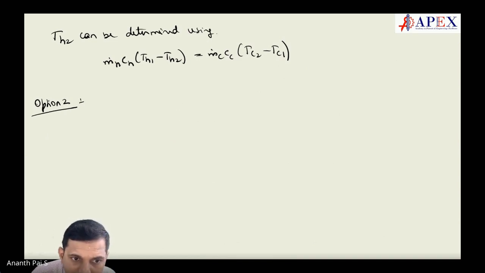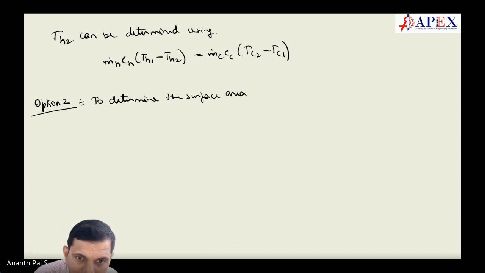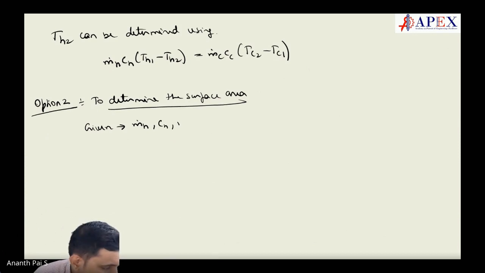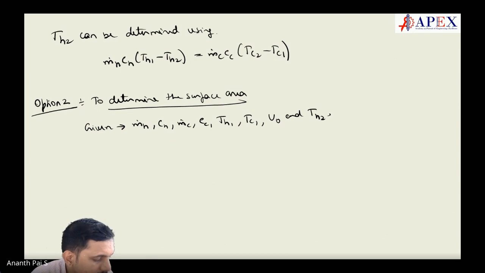To determine surface area, given m dot h Ch, m dot c Cc, Th1, Tc1, U naught and Th2, sorry, Tc2, I'm sorry, this is Tc2, there's a mistake.